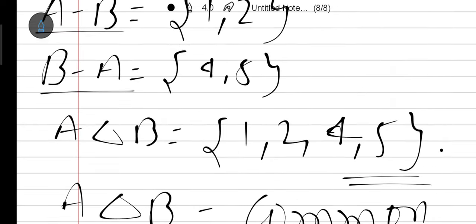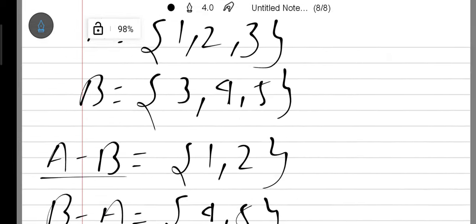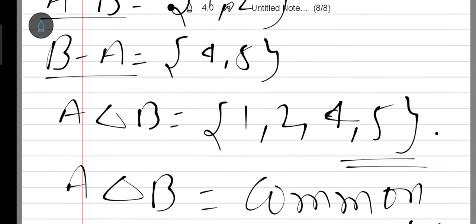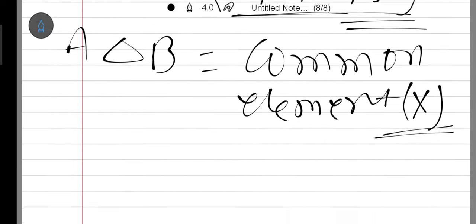See here, 3 is the common element in A and B. So in the symmetric difference 3 is not included, every rest element has been included. So you can also figure out all these things.